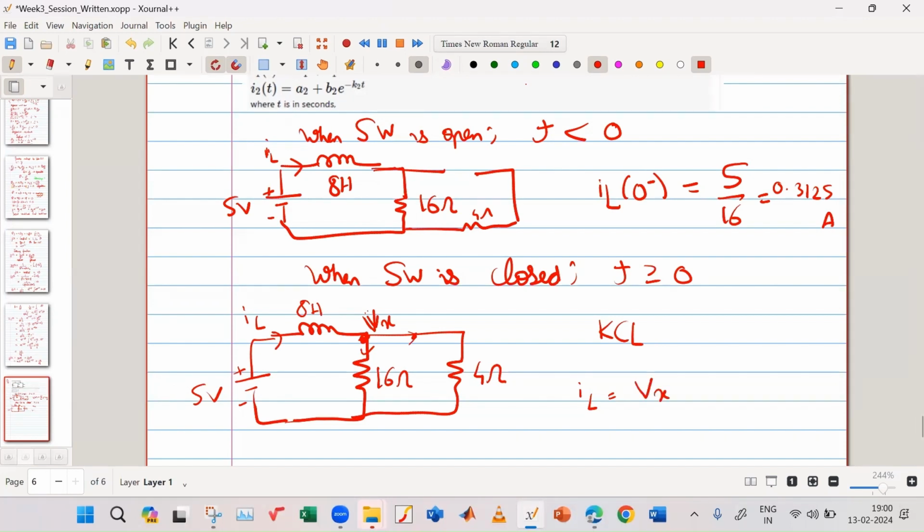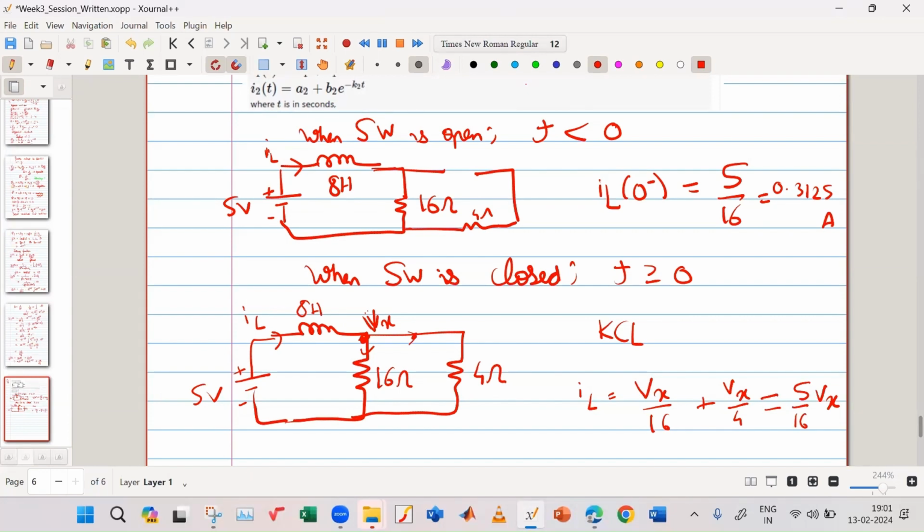That is Vx upon 16 plus Vx upon 4. So effectively, what is this equal to? My IL, I can write down as 5 by 16 Vx.